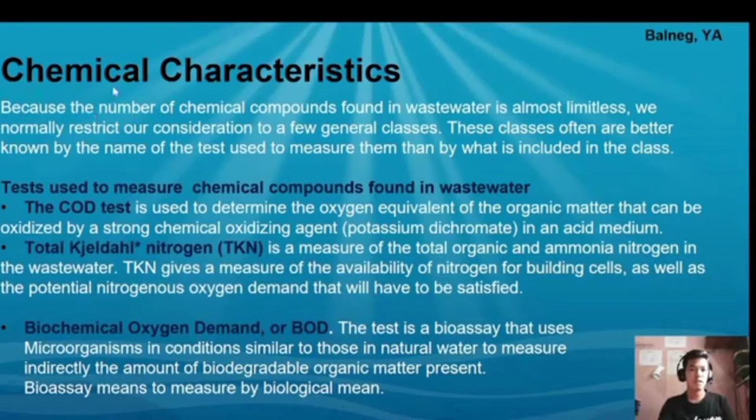The chemicals we consume and digest are going to be disposed in the toilet through our urine and our solid waste. Because the number of chemical compounds found in wastewater is almost limitless, we normally restrict our consideration to a few general classes. These classes often are better known by the name of the test.